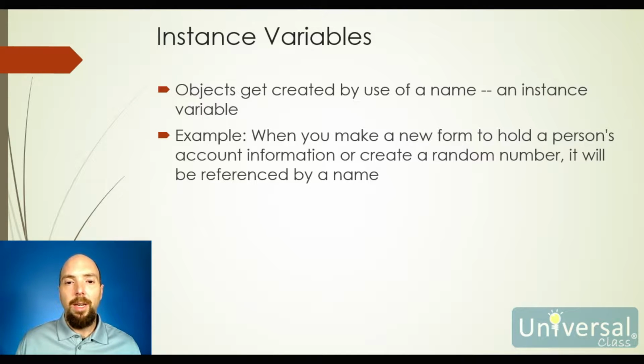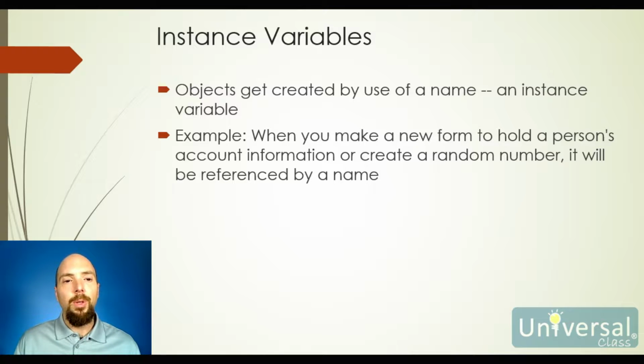The calculator has things like a form, and it has buttons, and it has a text box for displaying the output. So I need to specify that I'm making a new button, and every time I make a new button, I have to give it a name. Those are called instance variables. So when the program's running, this button exists. This button is an object on my form, and it has a memory location. Here's what the name of that location is.